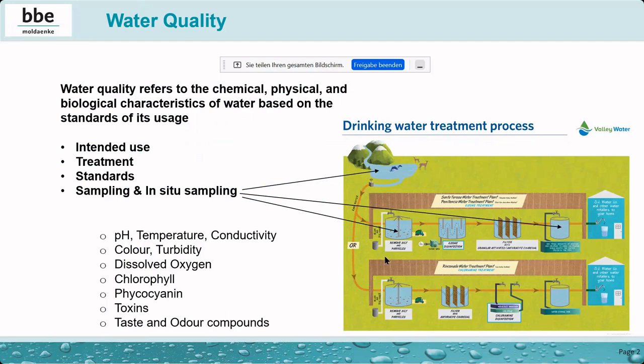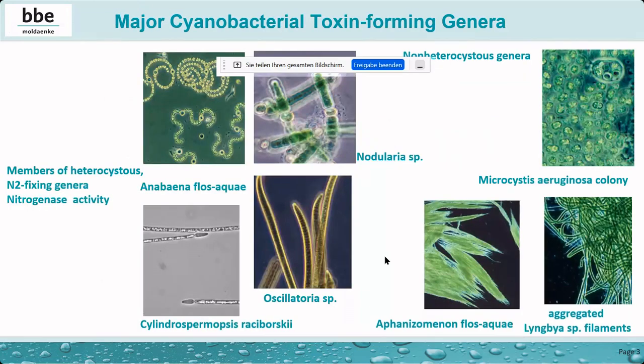And of course, for drinking water treatment, it is very important to omit such substances which can impair the quality of the water. And we have different types of phytoplankton, which can be part of the raw water.